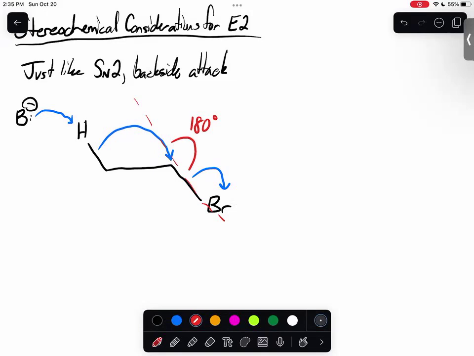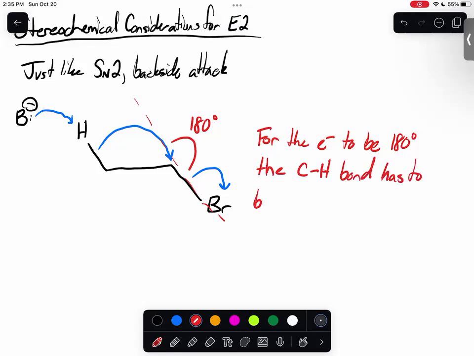All right. And that being said, there's a very important statement to be made here, which is for the electrons to be 180 degrees in terms of their attack angle, the CH bond has to be 180 degrees from the carbon bromine bond.